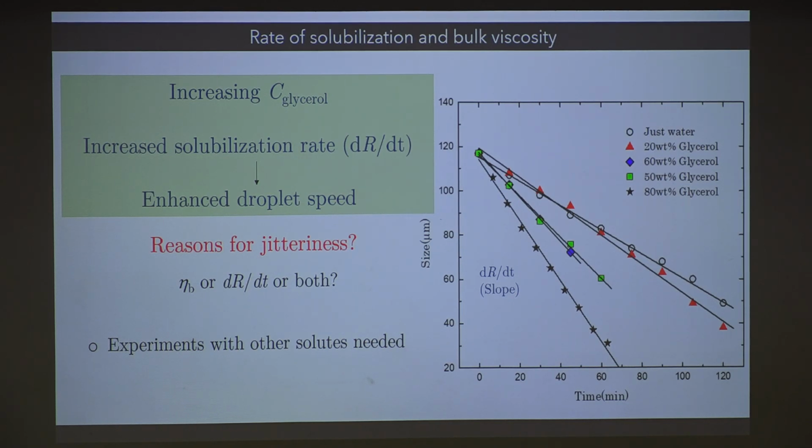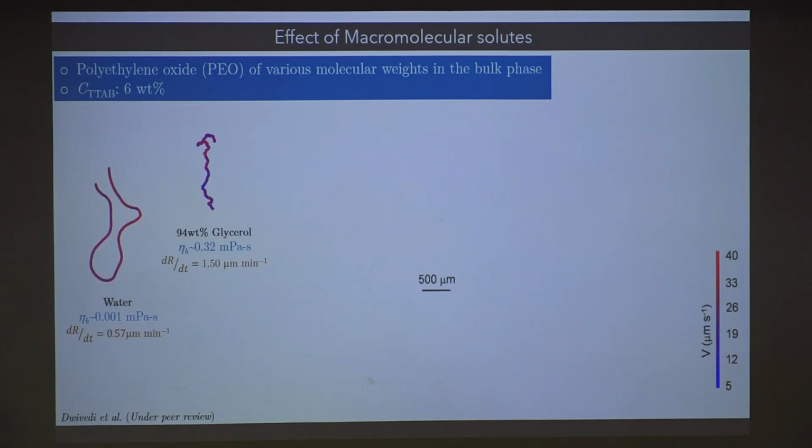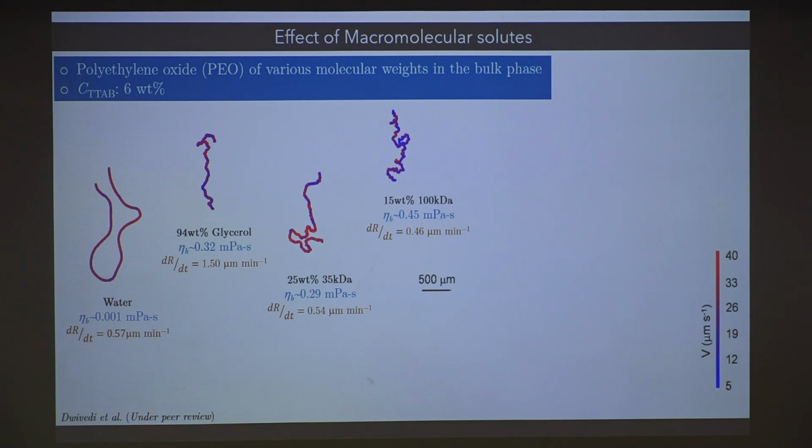So to conclude that, then we decided to use a macromolecular solute instead of just a molecular solute, which was glycerol. So then what we did was we added different molecular weights of PEO, which is polyethylene oxide, into the water instead of glycerol now. So we first started with 35 kDa molecular weight of PEO and 100 kDa molecular weight of PEO, and the concentration of these polymers was chosen such that we get the bulk phase viscosity to be nearly same as the glycerol system viscosity.